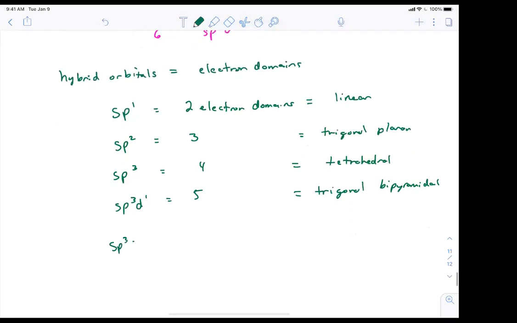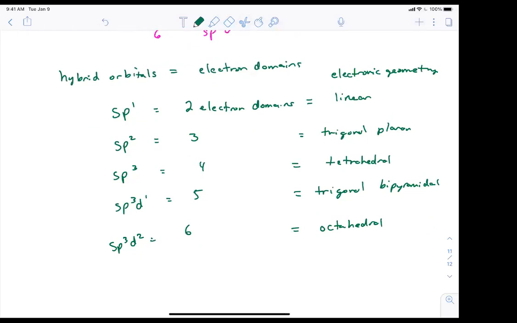And sp3d2 is 6, so that's octahedral. So the hybridization does tell you what kind of electron geometry it will make. So this is electronic geometry. Be able to relate the shapes with electronic geometries.